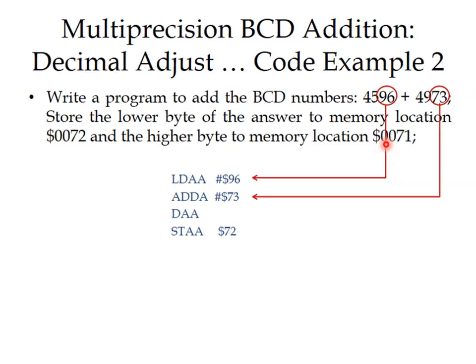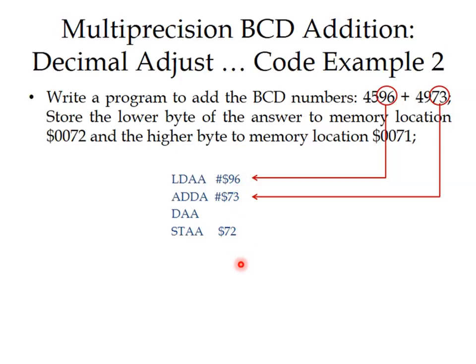Remember, in the first step we add the lower bytes. What is the lower byte of the first number? It is 96. What is the lower byte of the second number? 73. So we are adding the lower bytes of both numbers in the first 4 lines.